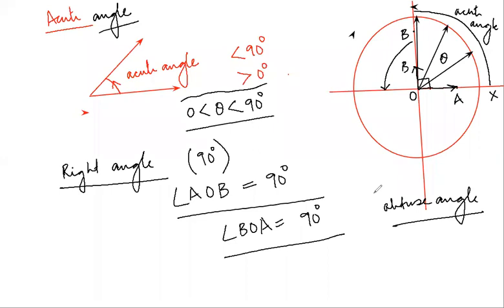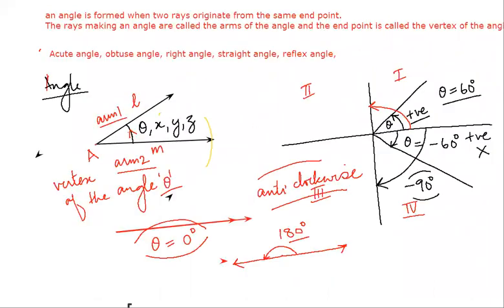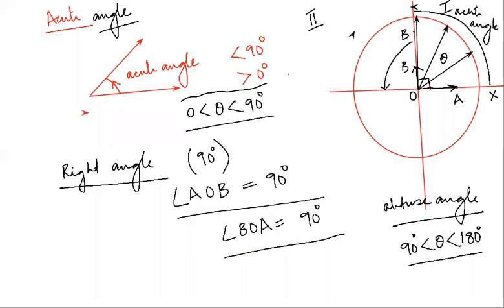Right students? So the obtuse angle lies in the second quadrant, and the acute angle lies in which quadrant? First quadrant. And now we have the reflex angle. All right, students. Now, what is a straight angle? Simply, students, an angle of 180 degree is known as a straight angle.